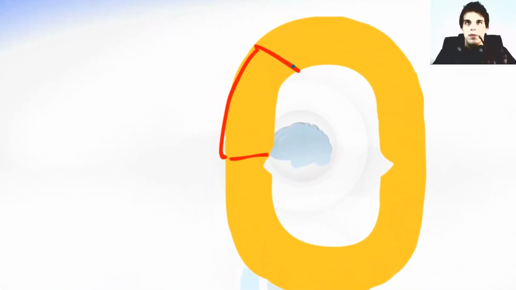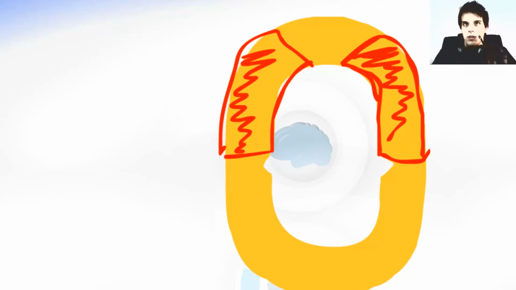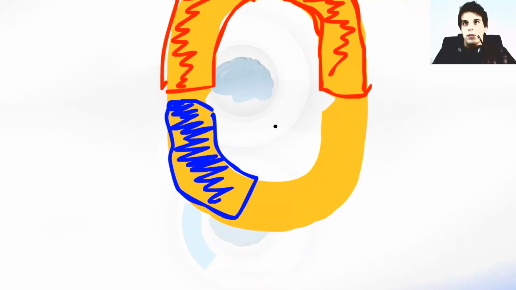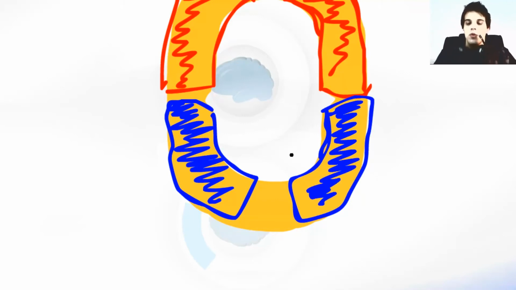That's over here. While the ventral part contains the basal plate, and that's over here. The basal plate is important for motor functions of the brain.